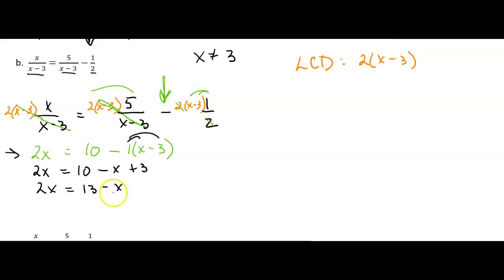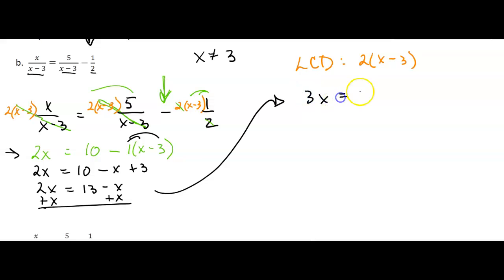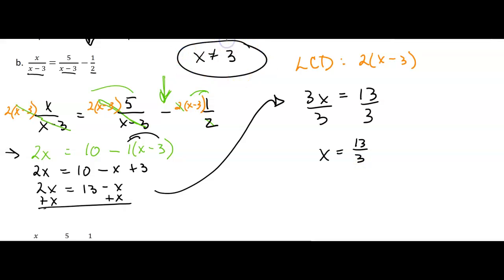But I have x on both sides, so I've got to get x on one side. I'll add x. And I'm running out of room, so I'm going to come over here and put 2x plus x is 3x equals 13. Divide by 3. And I get x equals 13 over 3. Now, my excluded value was 3. And I didn't get that, so that's an okay answer, 13 over 3.